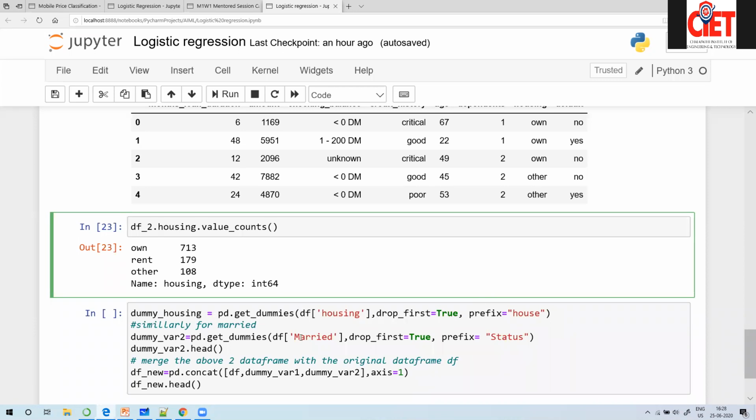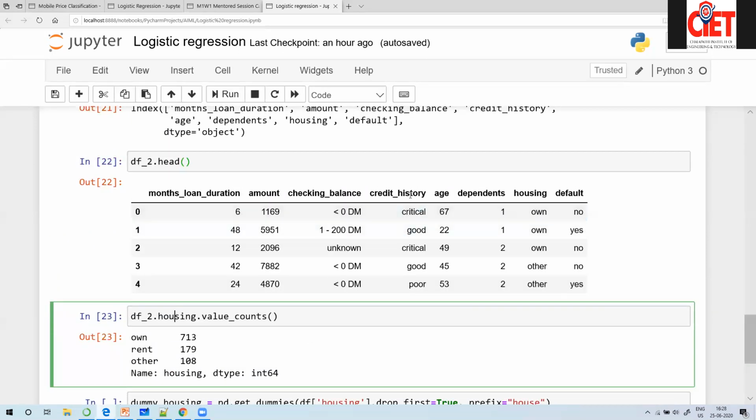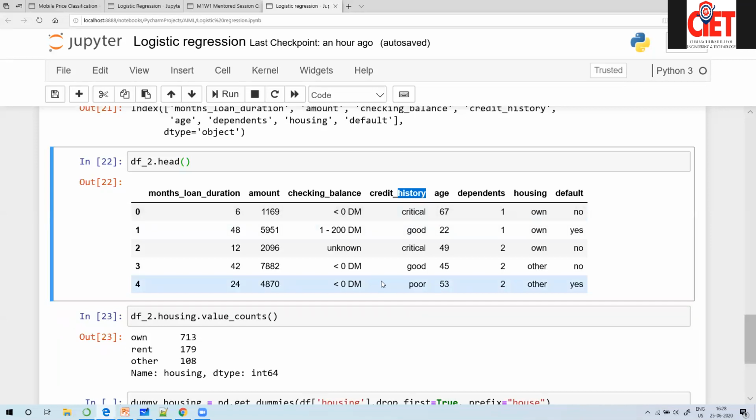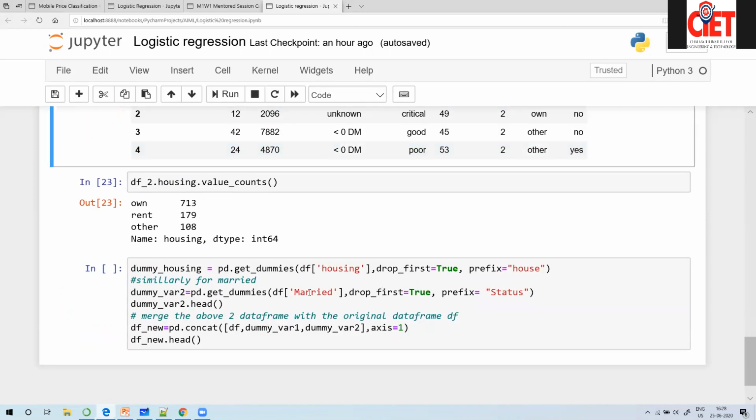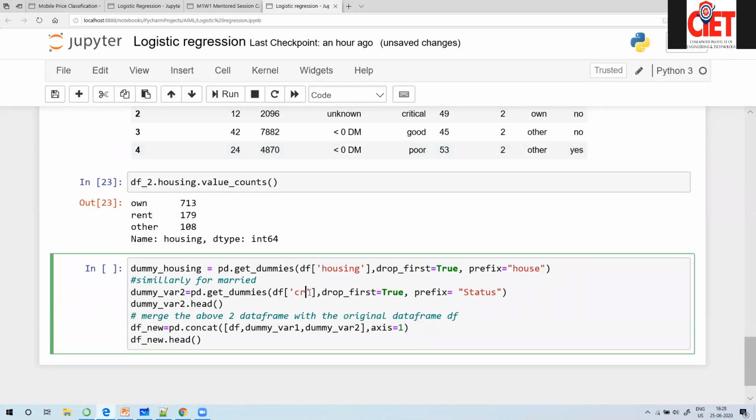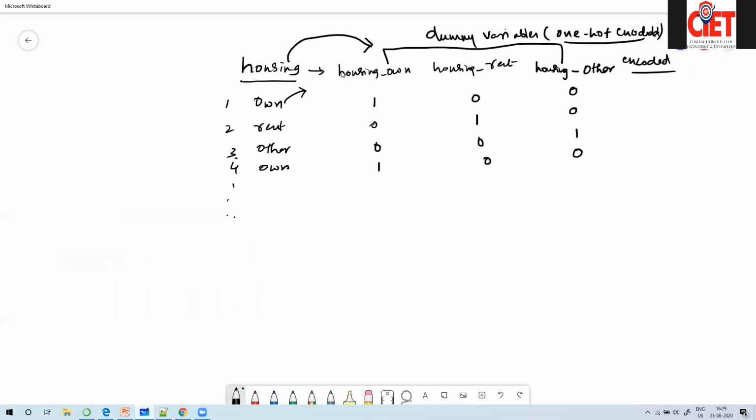There is one more variable, credit_history, which I am going to convert into a dummy variable. So this is credit_history, and I'm going to give the suffix as history. So when we are creating the columns, we want the column names to have a suffix of that.